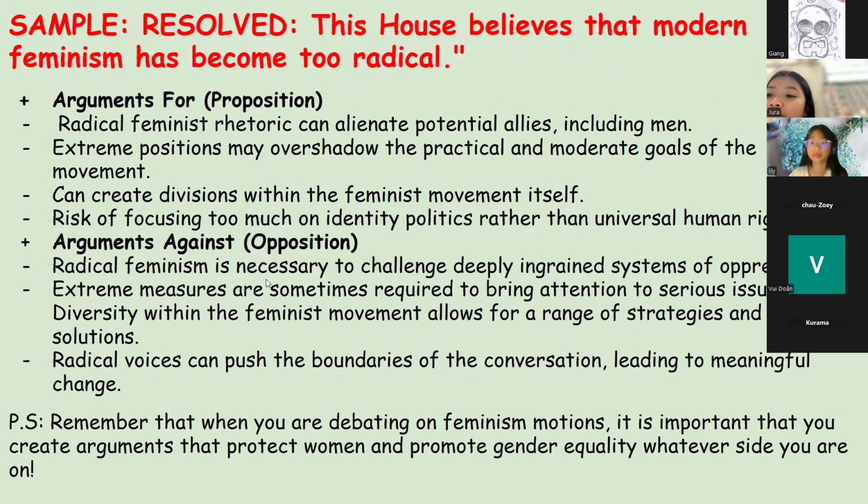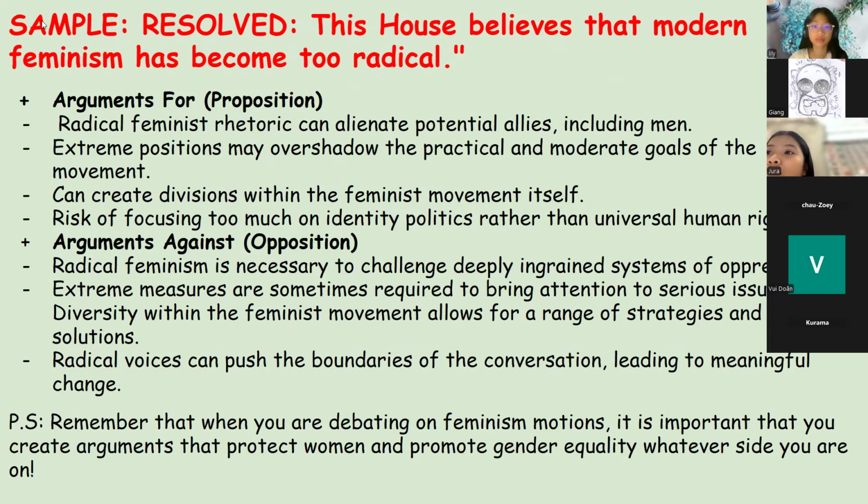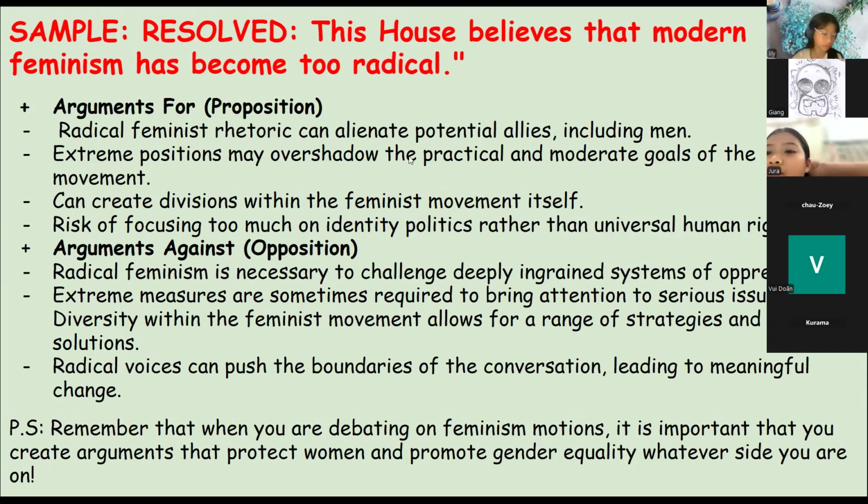Now let's read through the sample result. Can someone read for me the motion, please? Joa, can you read for me the motion? Okay, Lily. Okay, so Joa, please read for me the motion, this house believes.